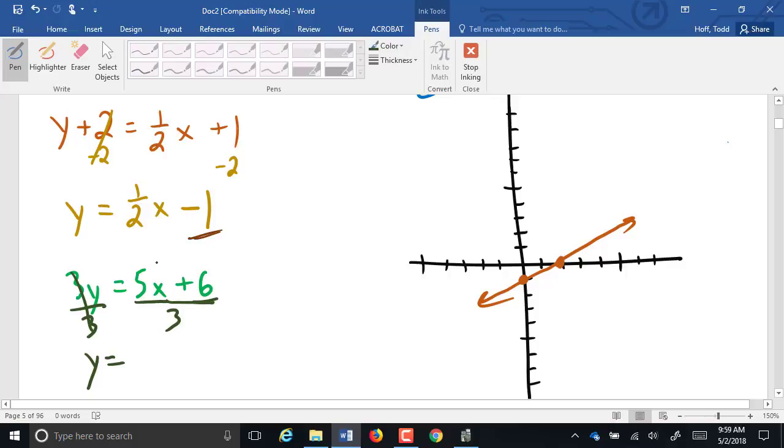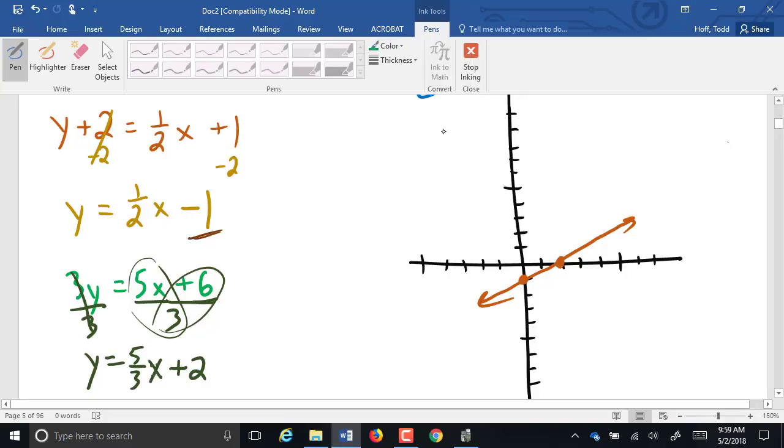So 5x divided by 3. We're going to cheat. 5 divided by 3, I'm just going to make it 5 over 3. Remember, division and fractions are kind of interchangeable. And that's still x. So 5x divided by 3 is just 5/3 x. How about 6 divided by 3? Positive 2.